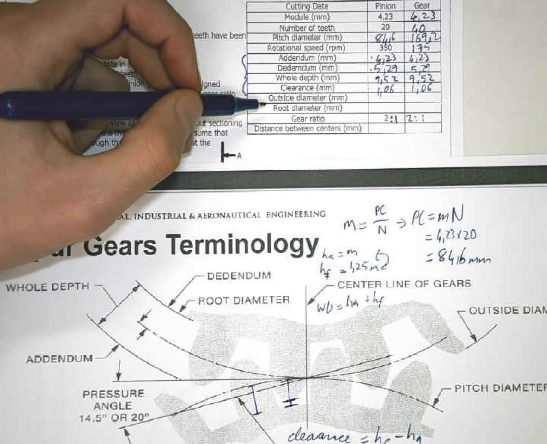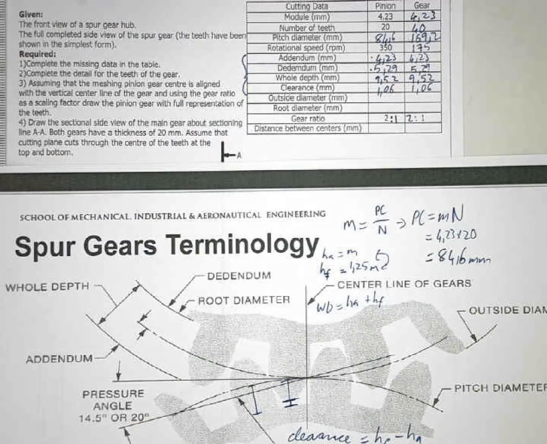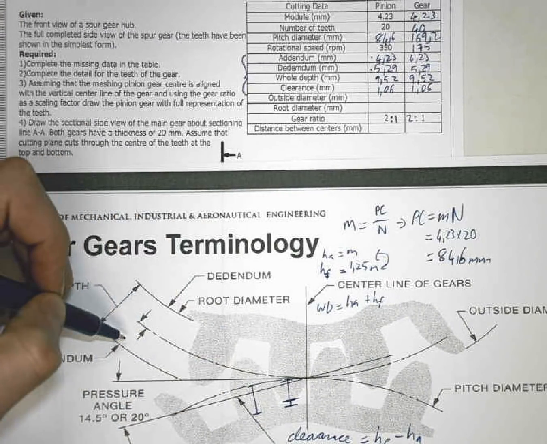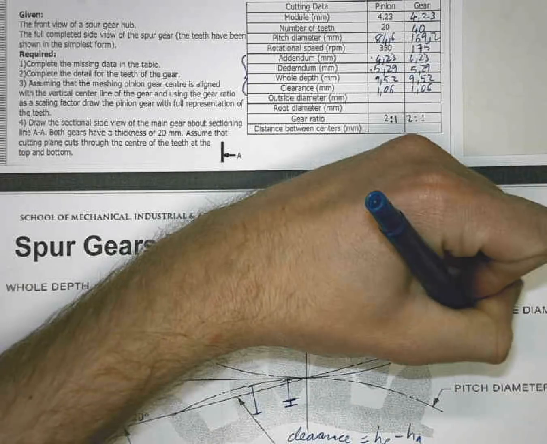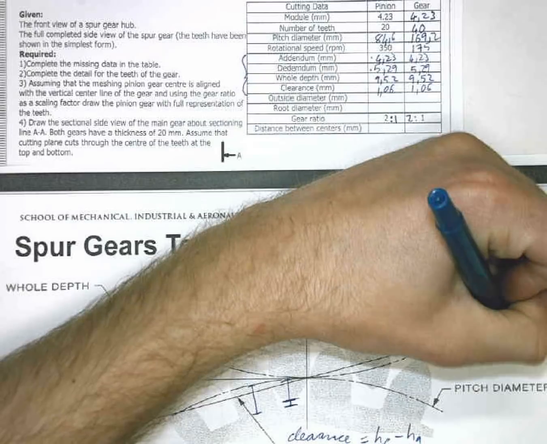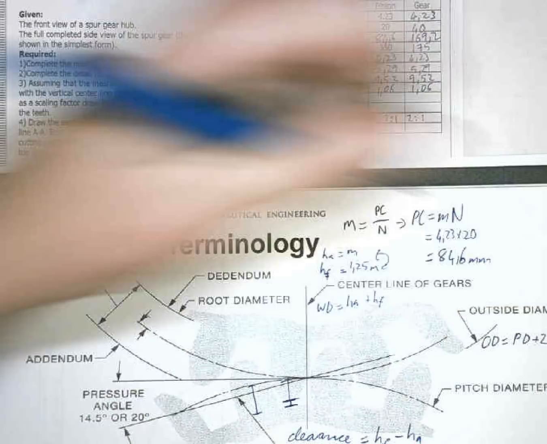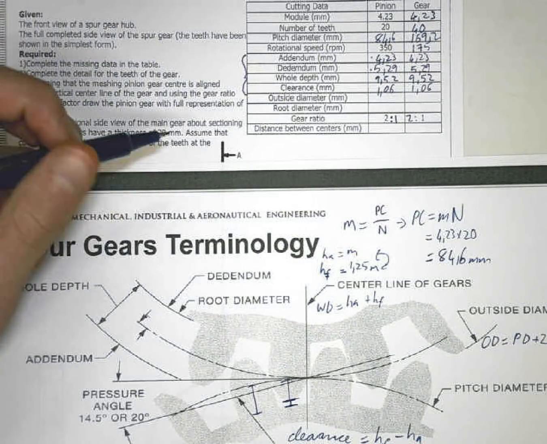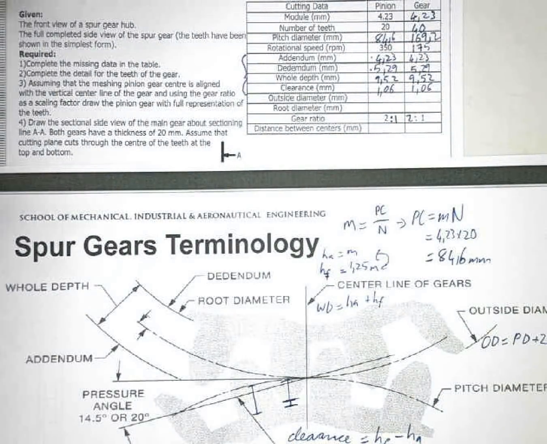Now, your outside diameter is just going to be your pitch circle diameter plus 2 times your addendum. So your outside diameter is equal to your pitch diameter plus 2 times your addendum, which is HA.